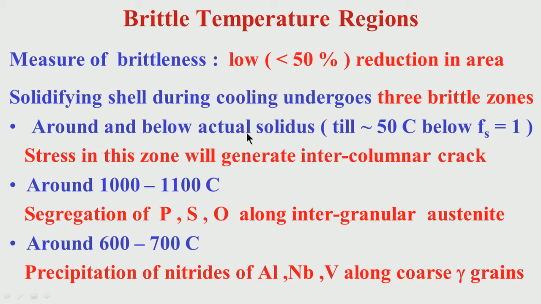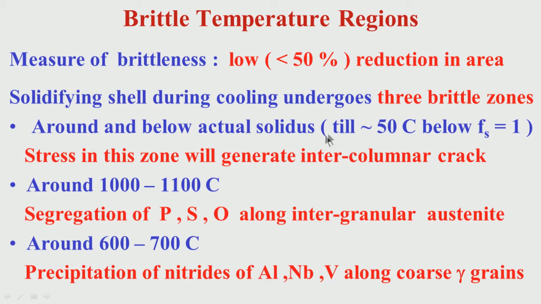It is around and slightly below the actual solidus temperature. I have mentioned in quite some detail that slightly above and slightly below the actual solidus is really brittle, because the reduction in area is 0 at solidus temperature, and at temperatures slightly lower than that it only increases, but still it is less than 50%. So, till about 50 degrees centigrade below where solidification is completed, we have a brittle temperature region.